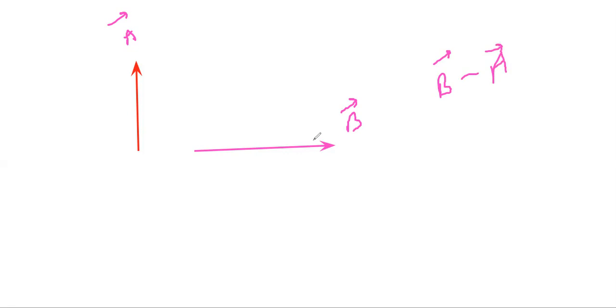So b is positive, that means there won't be any change in the direction of b. a is negative, so you will reverse its direction. If I reverse the direction of a, it would become like this, but you have to join in such a way that head and tail coincide. And this would be your minus a vector. If you join the third side of the triangle, this would be your b minus a vector.